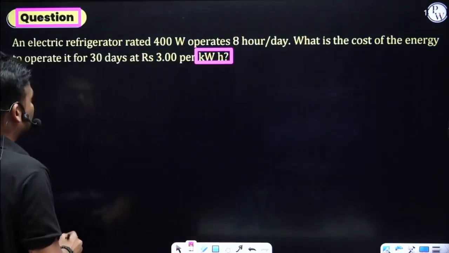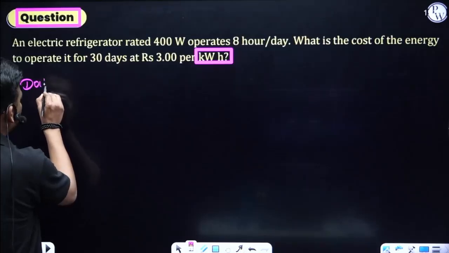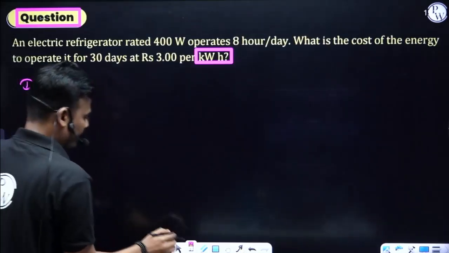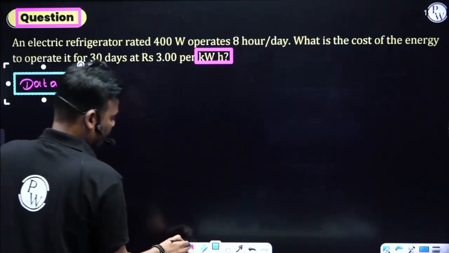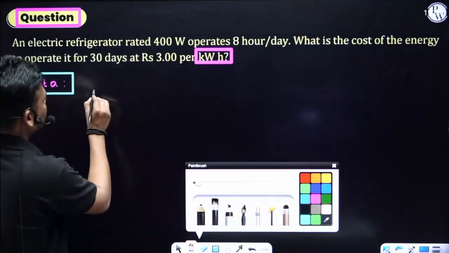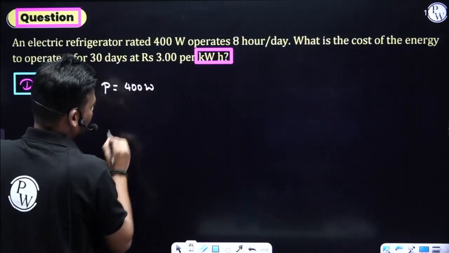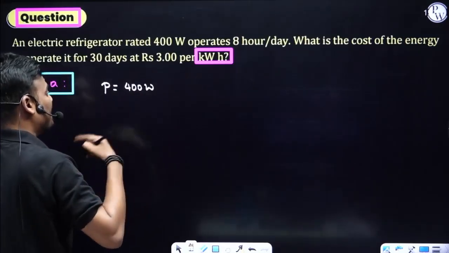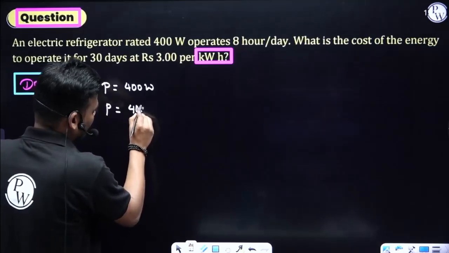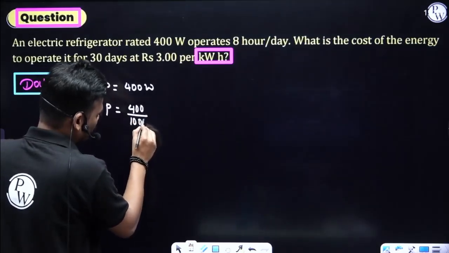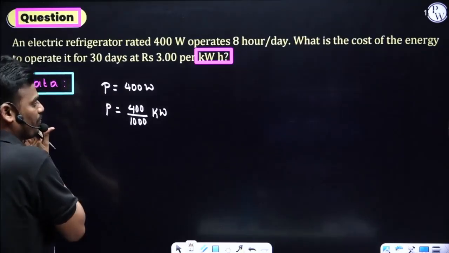So first, the data. Data is very important. The first data, that is P equals 400 watt. But in terms of kilowatt we need it, therefore I can write 400 divided by 1000, and that will be in terms of kilowatt.